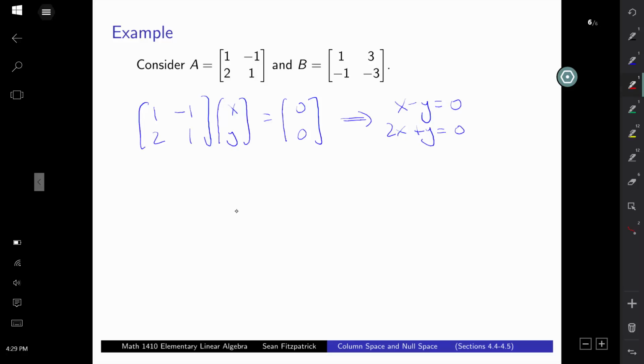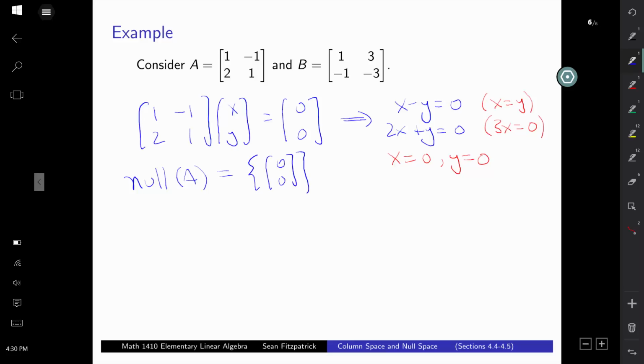And so this one says that x equals y, and if we plug x equals y into here, then this says 3x equals 0. And well, if 3x equals 0, then x equals 0 and x equals y, so y is also equal to 0. So in this case, x equals 0 and y equals 0, and that tells me that the null space for A, the only thing that's in there is the 0 vector.